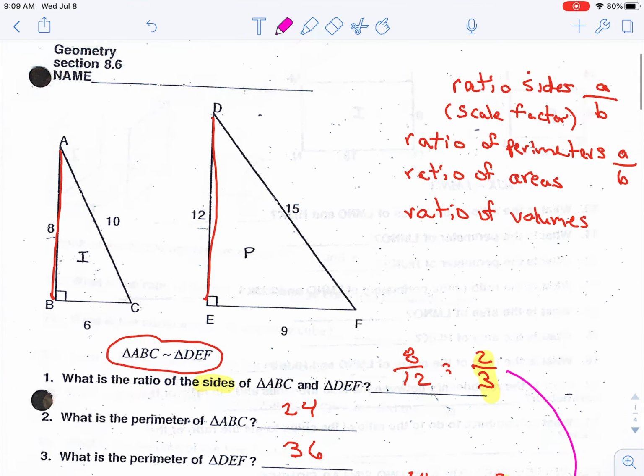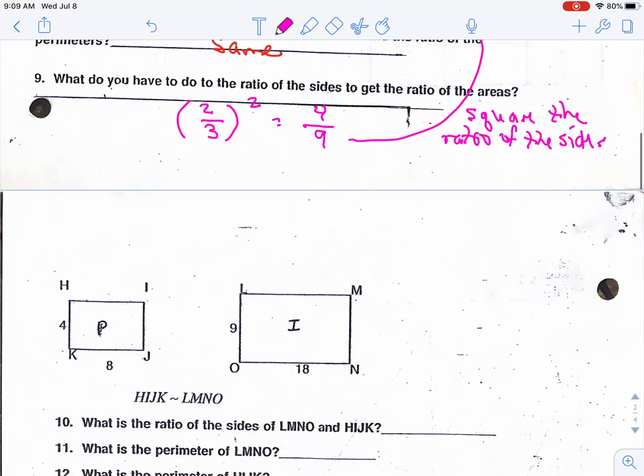So when we go back up here, what is the ratio of the areas? It's not A to B, it's A squared to B squared.